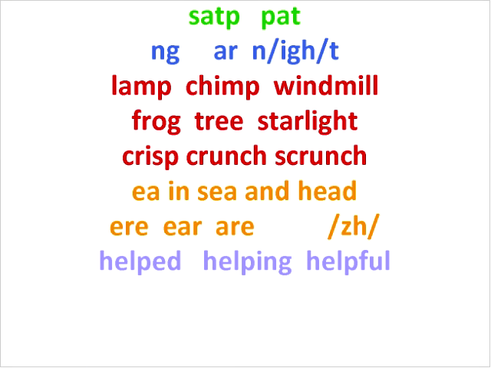Okay, this slide is just giving you some of the examples that I just sounded out for you. You'll have noticed that I didn't at any point, for example, on the 3rd line, I didn't say l, a, mp. I didn't put the mp together. In synthetic phonics, which I'm going to come on to explain in a moment, it's very important that we teach the children to sound out each individual sound.